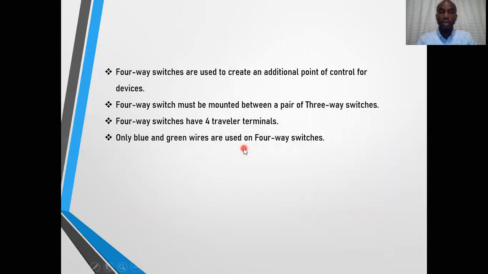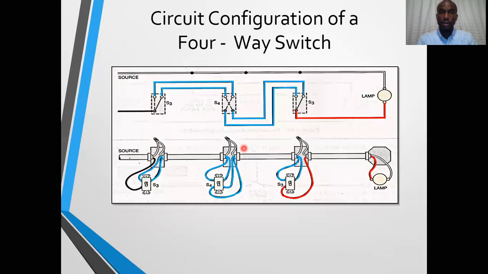Let's go back one. As we can see, our schematic diagram of the four-way switch control with the source being at the switch is just direct, with three-way switch number 1 here, three-way switch number 2 here, four-way switch in the middle.